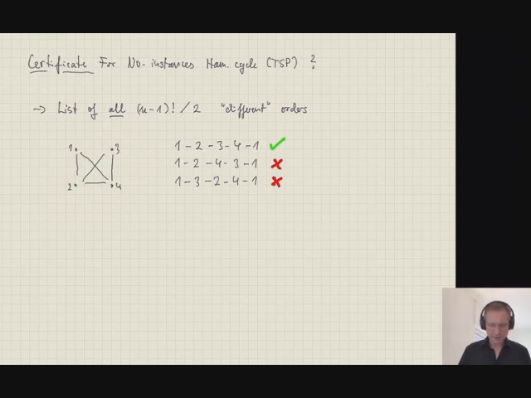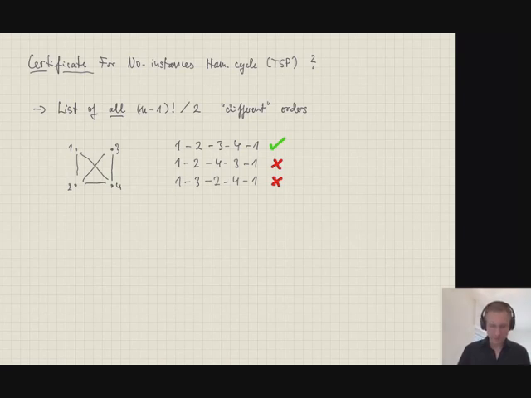Since it doesn't matter if I go through the graph like this or in the other direction, I can also divide out half of these orderings by symmetry. So I would have to write down a list of all the possible different orders, and for a graph on 4 vertices, that would be 3 different orders. And then I can verify that none of them would correspond to a Hamilton cycle in the graph.